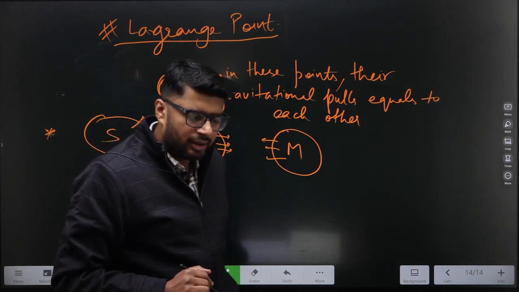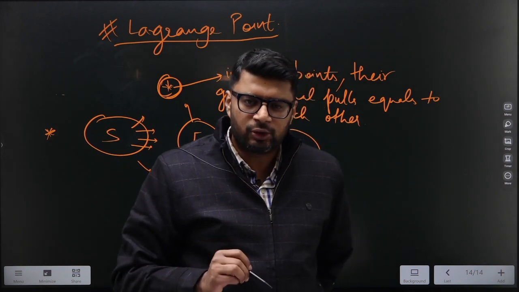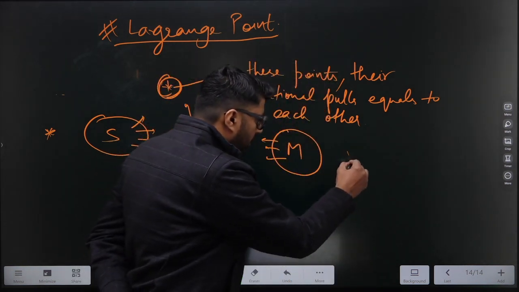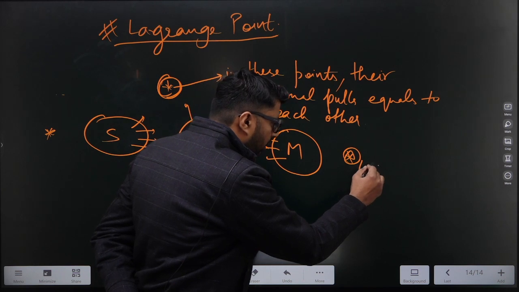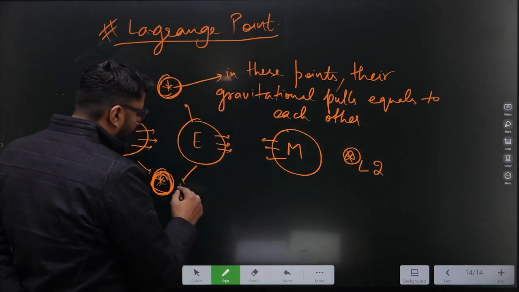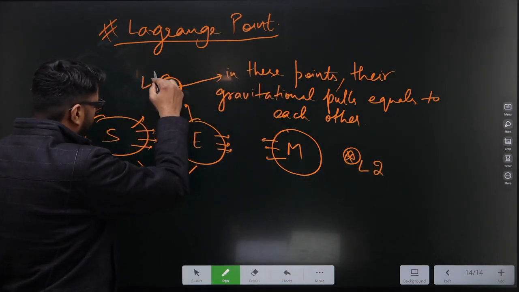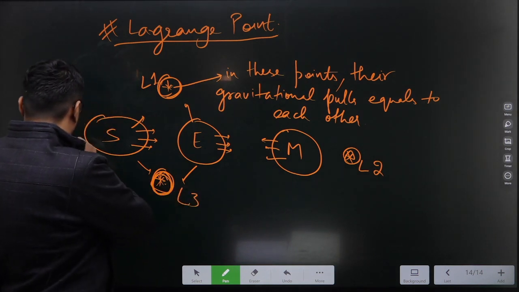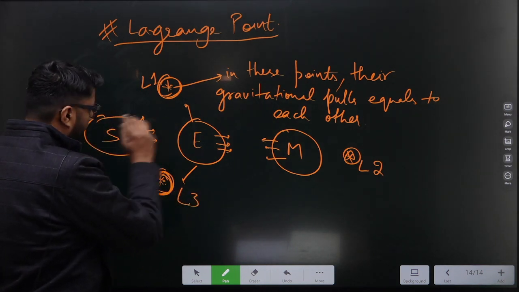So recently our James Webb telescope was put here, at a Lagrangian point, denoted by L, such as L1, L3, L4; there are five we can mark.